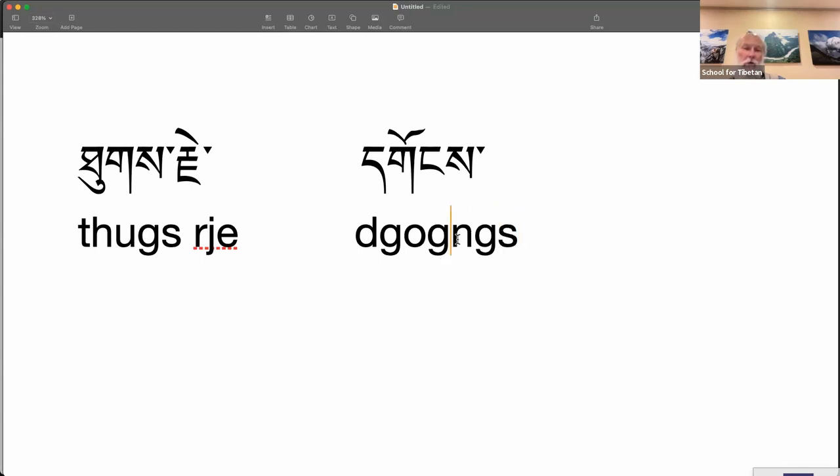Gong, like this. This one is written gongs, but it's pronounced gong. Gong or gongpa means, generally speaking, in sutra teachings, in tantra teaching, it means intention.